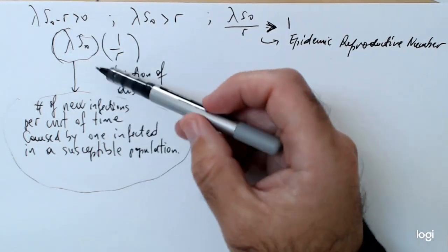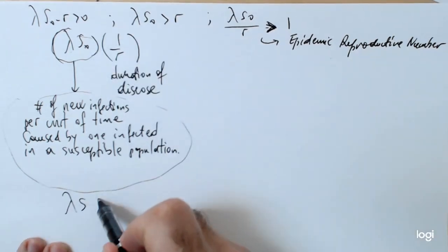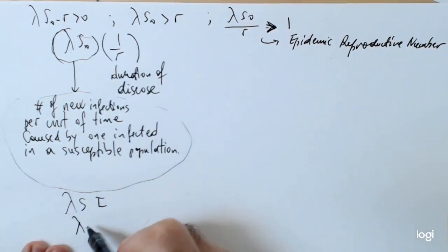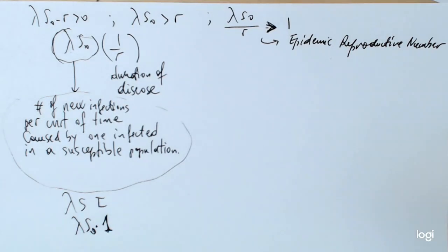That's the meaning in the model, right? Remember, in the model we have lambda S I. So this is basically coming from that. So if I is 1 and the population is otherwise susceptible, like it happens in the beginning, then the meaning of this quantity is per unit of time, that's how many new infections that individual produces.